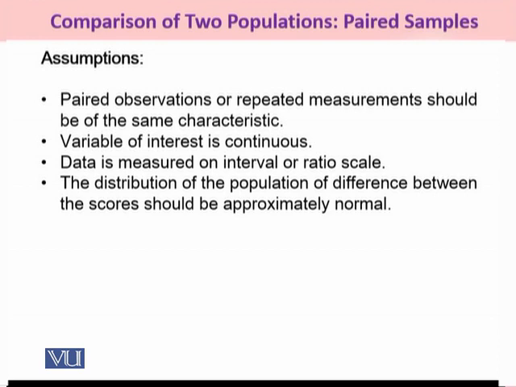Next, the data is measured on an interval or ratio scale. And lastly, the distribution of the population of differences between the scores should be approximately normal. If these assumptions are met with your paired samples, you can go ahead and make use of the sign test or Wilcoxon signed rank test for achieving the objective.